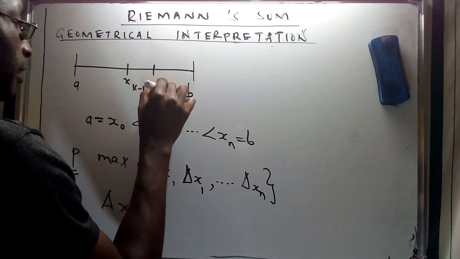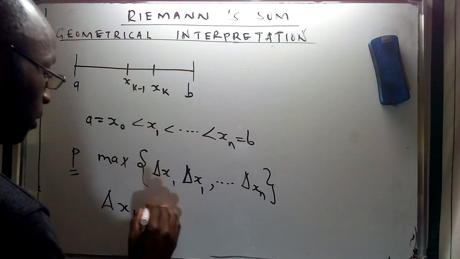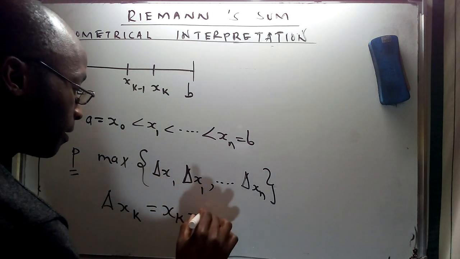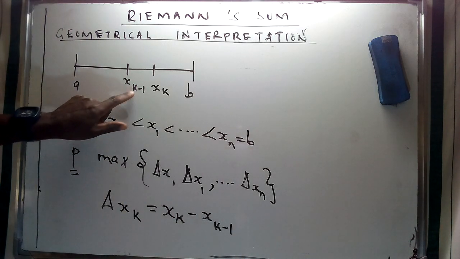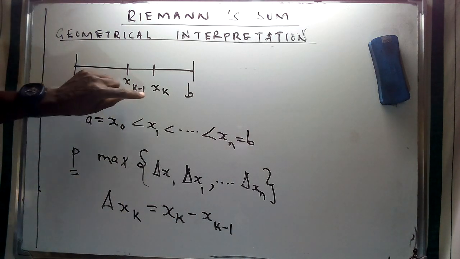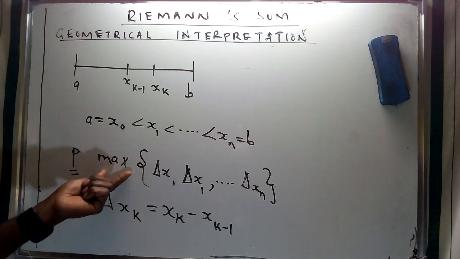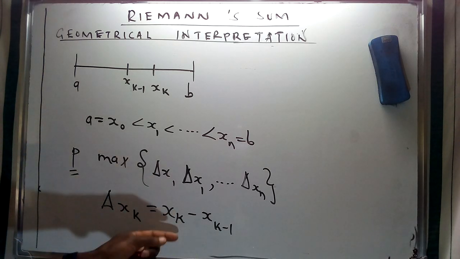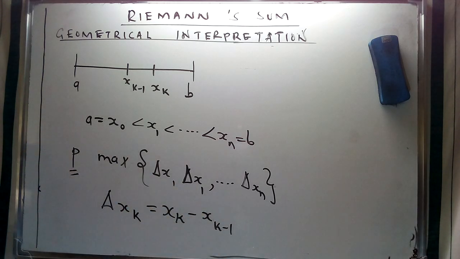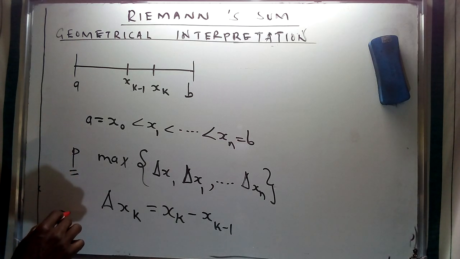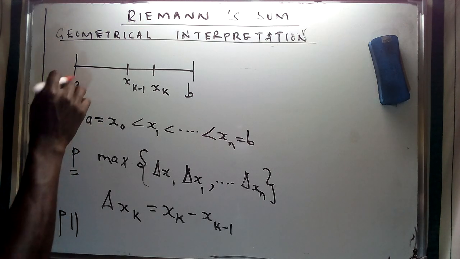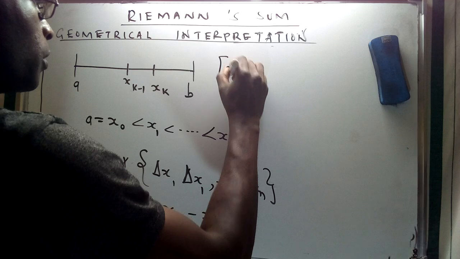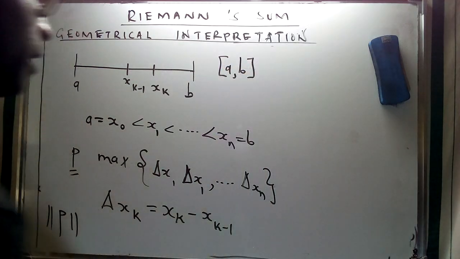So the difference between xk and xk minus 1, which forms an arbitrary division, when it is the maximum, is given as the norm of P, which is the largest subdivision for this closed interval between A and B.